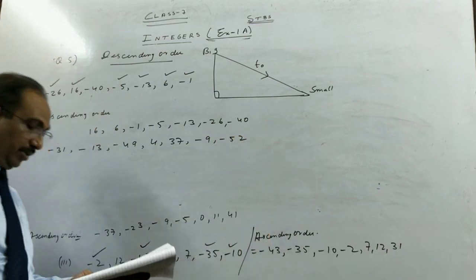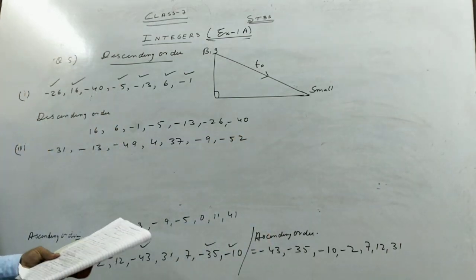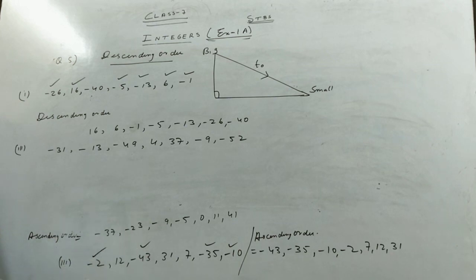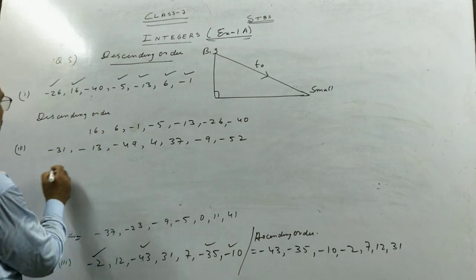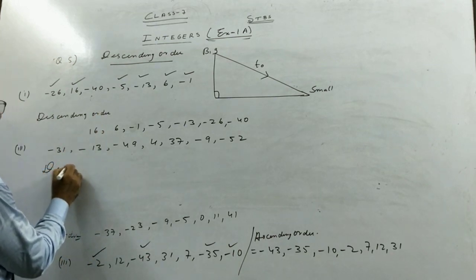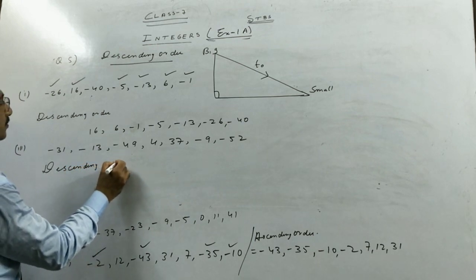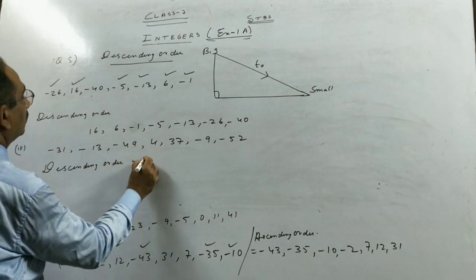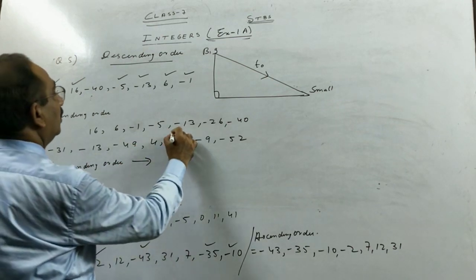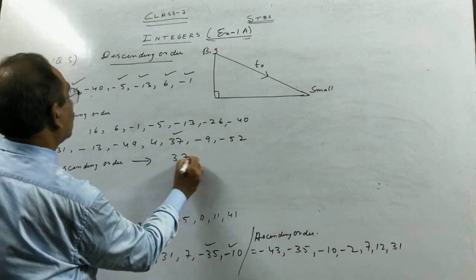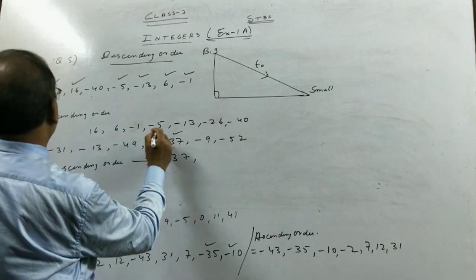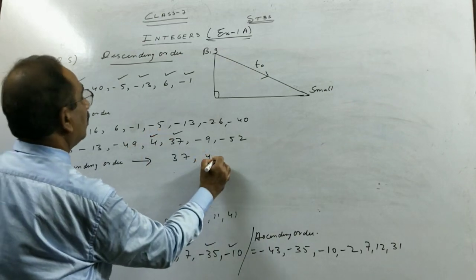So here we have minus 31, minus 13, minus 49, 37, minus. The biggest number is 37. Then I see all are negative.